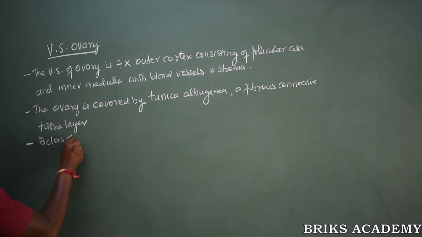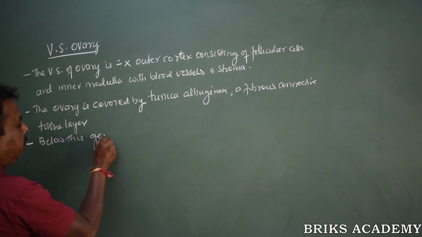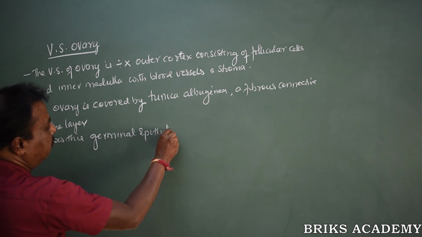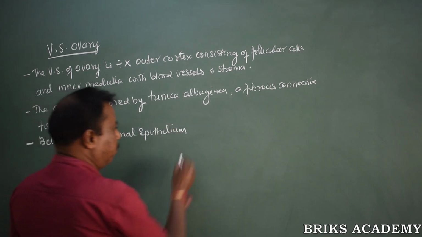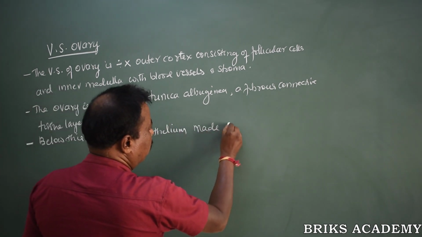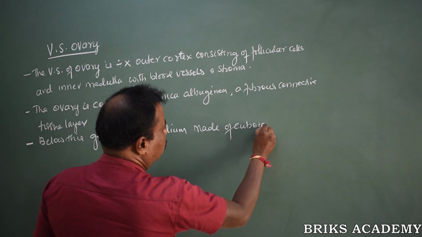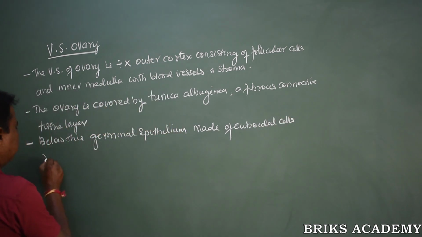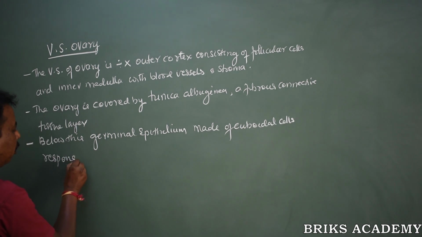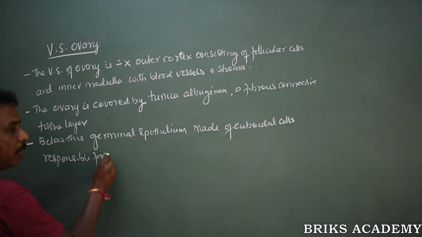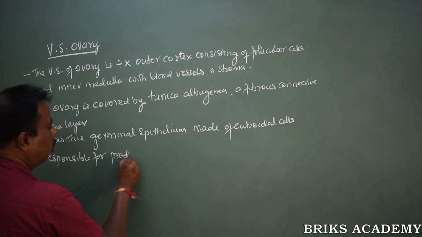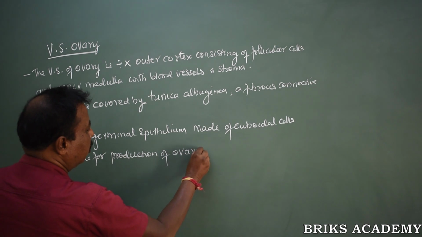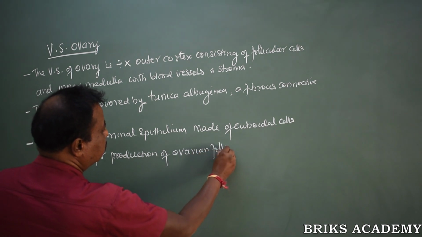Below this, germinal epithelium made of cuboidal cells responsible for production of ovarian follicles.